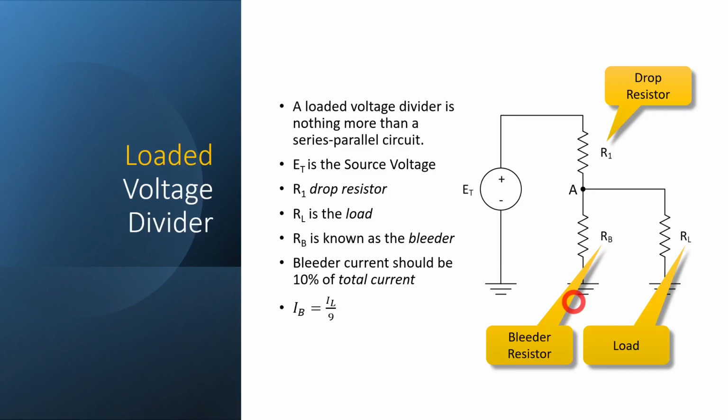Okay. So our I sub B, the current through the bleeder resistor, can be calculated by taking your load current and dividing it by 9. Okay, that makes the load current 90% is going to go through the load, and the other 10% is going to go through your bleeder. That's where that formula comes from.